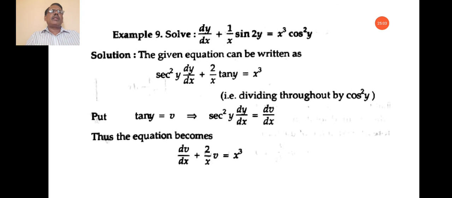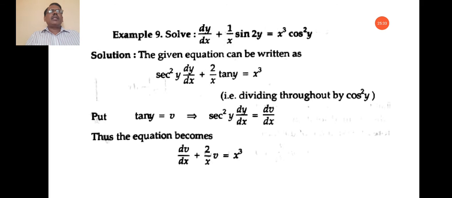So 1 by cos square y, that is secant square, into dy by dx plus, sin 2y is 2 sin y cos y, and divided by cos square y, cos gets cancelled and becomes sin y by cos y, that is tan y. So 2 by x tan y is equal to x cube. So this is in the required form.